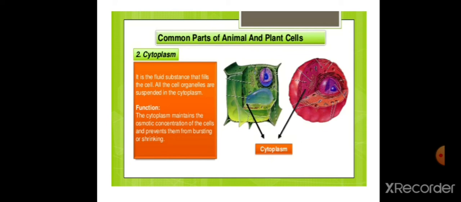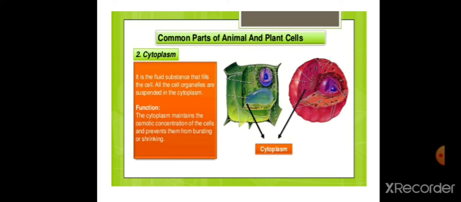What do you think might be the function of cytoplasm? Cytoplasm maintains the osmotic concentration of the cell. Osmotic concentration of the cell means it maintains the water concentration. So it is going to prevent the cell from bursting due to excess water or shrinking due to less water.